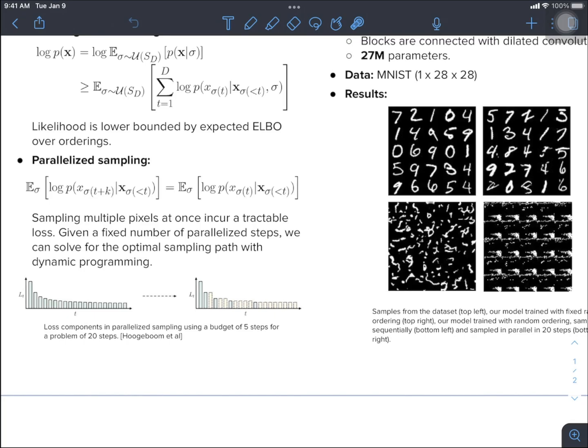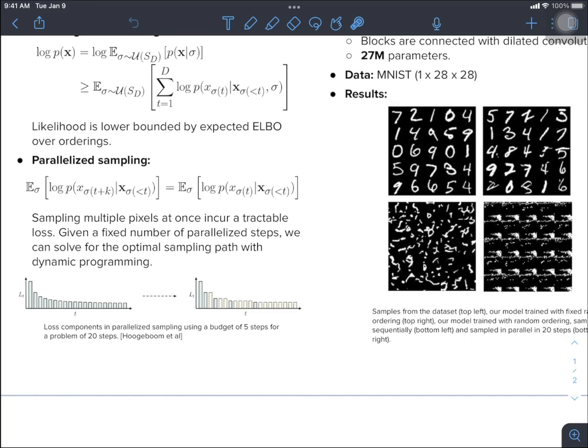You can either sample 4, then 5 given 1 through 4, then 6 given 1 through 5, or you can sample 4, 5, and 6 at the same time given 1, 2, 3. Now, obviously, that is going to incur a cost in terms of the likelihood of your sample. But the nice thing about order-agnostic models is that you can compute this loss explicitly, how much likelihood you're losing.